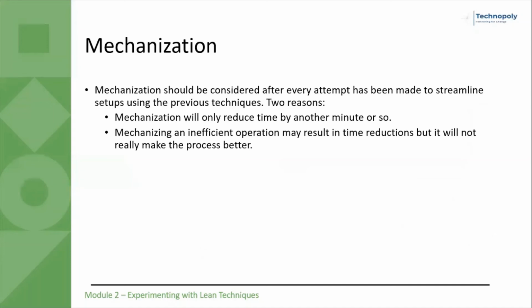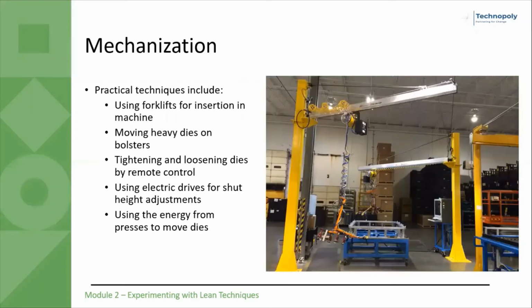The last technique is mechanization or automation. Mechanization should be considered after every attempt has been made to streamline setups using the previous techniques. There are two reasons for this. Mechanization will only reduce time by another minute or so. Mechanizing an efficient operation may result in time reductions, but it will not really make the process better.